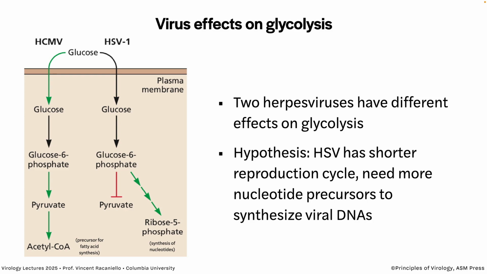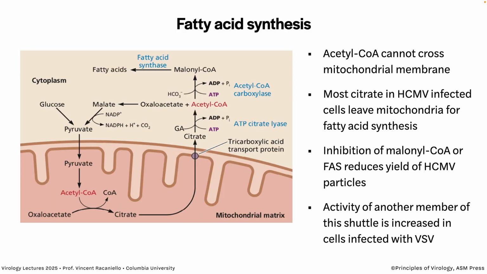And the hypothesis is that because HSV has a shorter reproduction cycle, it needs a lot of nucleotide precursors to synthesize viral DNAs. Fatty acid synthesis is also tweaked, as I implied. Now, here we have pyruvate, right, which is the product of glucose metabolism. It has to be converted to acetyl-CoA.